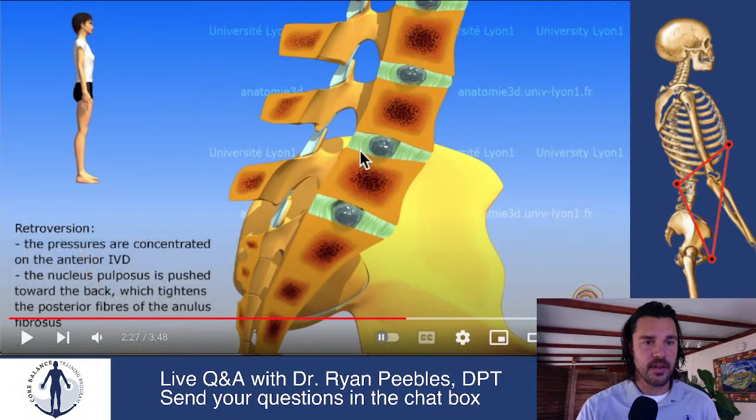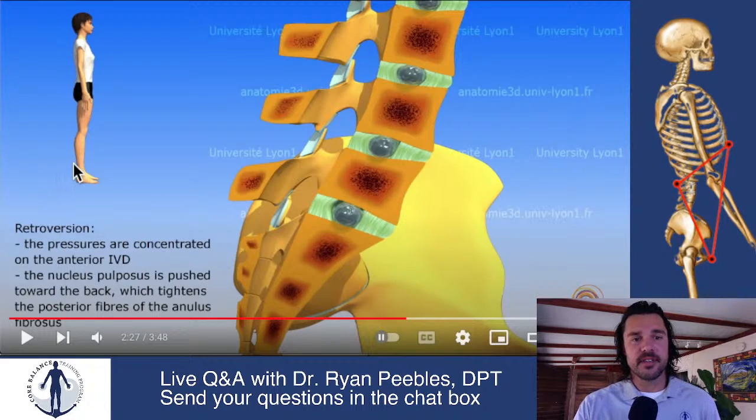So you can see opening up and closing down, but it's not quite as bad in the front. And so this is one of the reasons why in the core balance training program we do bias towards a posterior tilt. It seems to be a safer position for the spine, and potentially has less consequences.